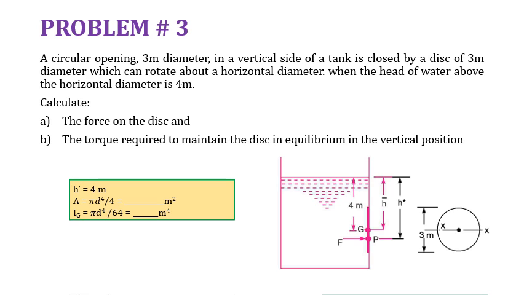So first of all, let's solve the first part of the problem, to calculate the force on the disc. We know the force is given by rho g A h dash. H dash is given as 4 meter. Area can be computed by the formula written over here, and you can also compute the Ig.